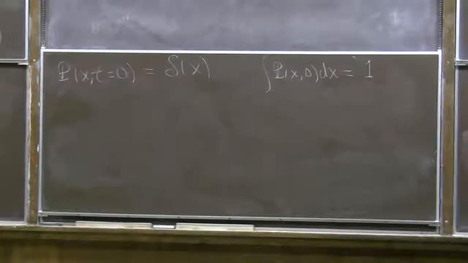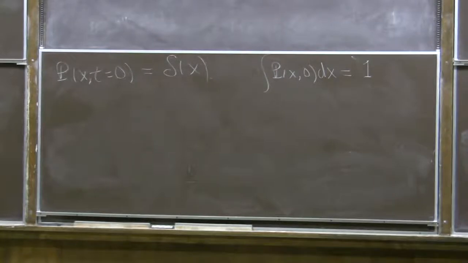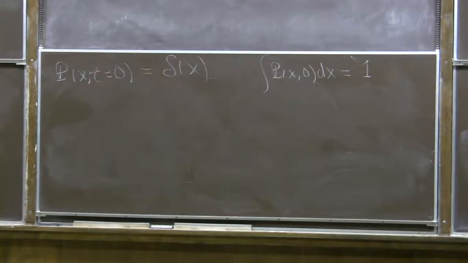So if there's any justice, if it's really to be interpreted as a differential equation governing a probability distribution, it will be non-negative. Its probabilities should be normalized at all times.